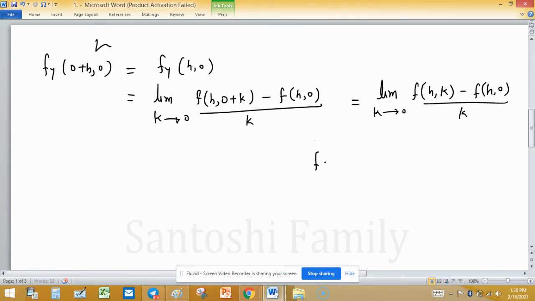Now the function f(x, y) is given by x squared y times (x minus y) divided by (x squared plus y squared) when (x, y) is not equal to (0, 0), the origin.